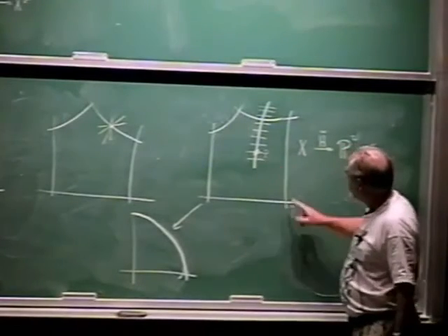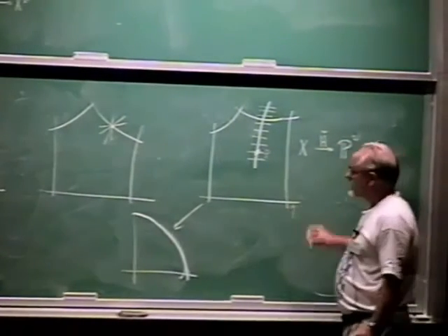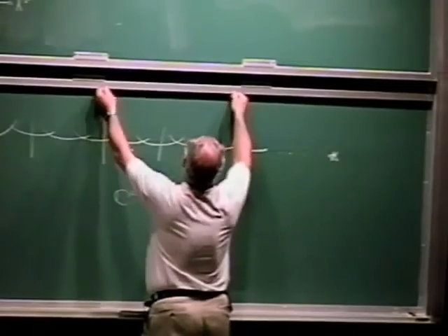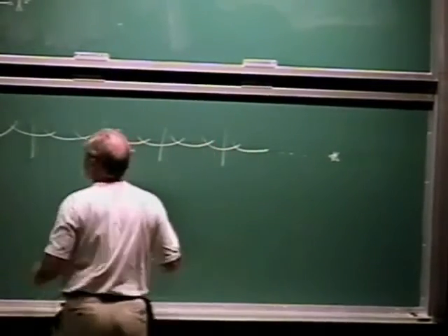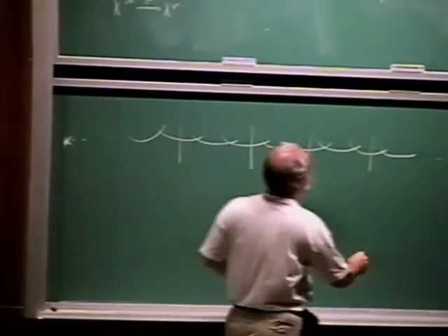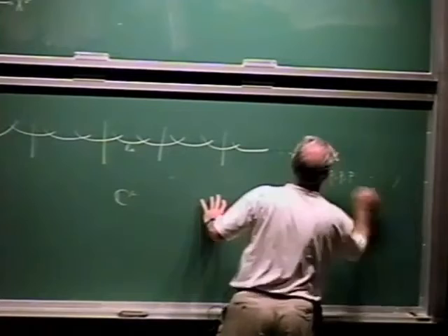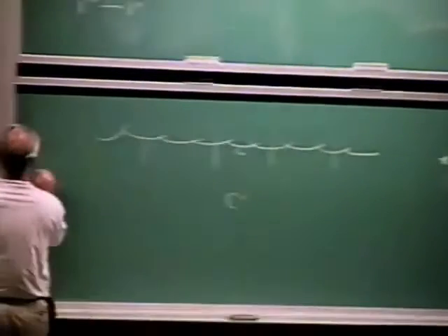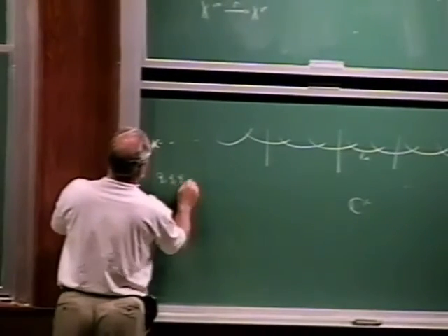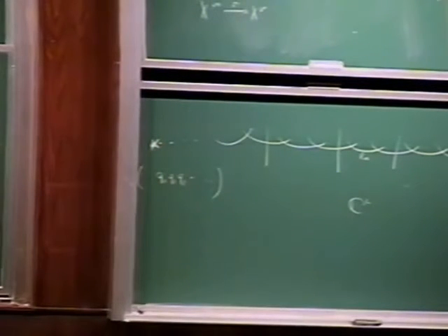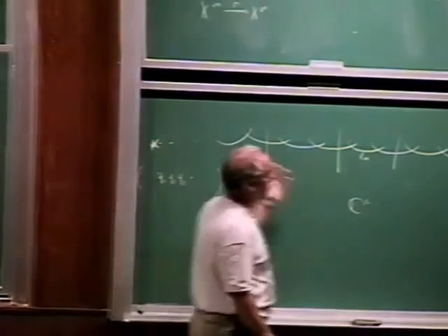So let me call these two points P and Q. This point here is the point P, P, P, and this point is the point Q, Q, Q. So this thing doesn't accumulate on itself, it only accumulates to these points.